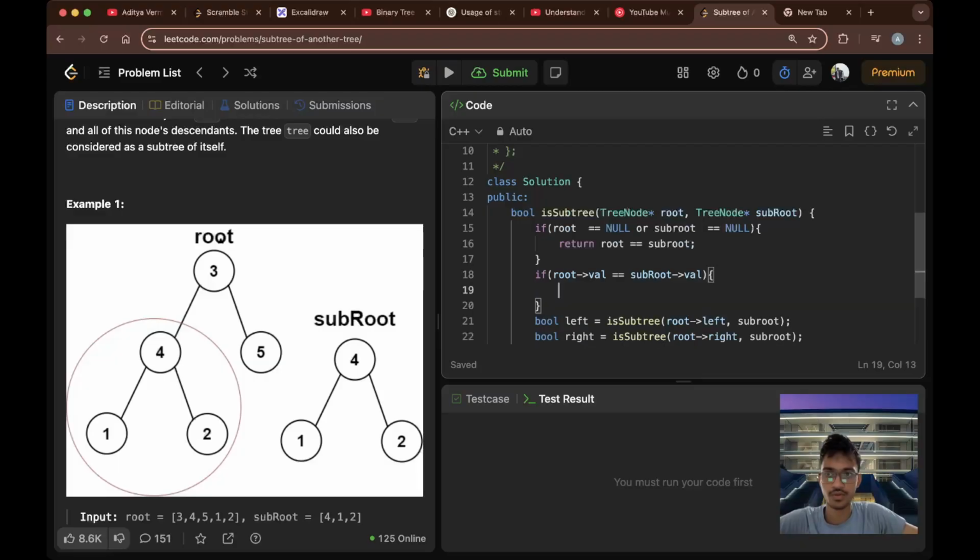If they are equal, then we have to check whether, we have to call the isIdentical thing.